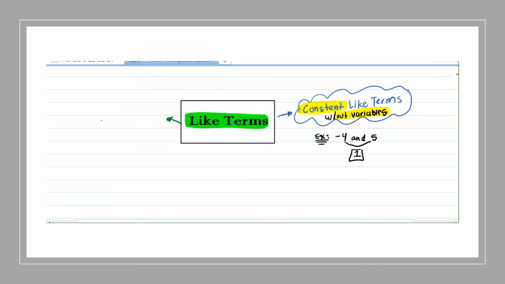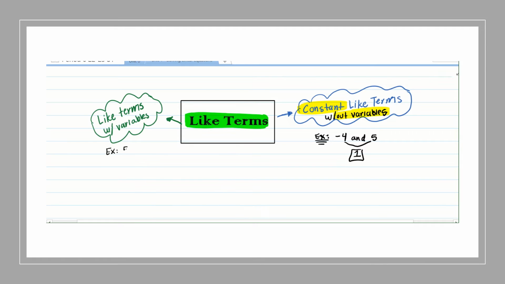The other type of like terms that we can have is like terms with variables. These are the terms that you see in your equations that have a variable. For example, if you have x as your variable, and it could be any variable, usually the problems that you will see have x as their variable. So again, these terms are going to be the terms with their variables.